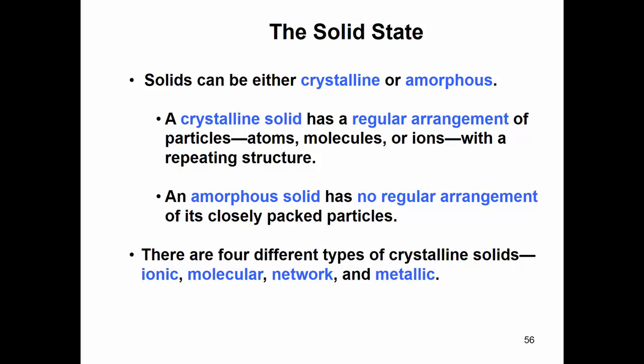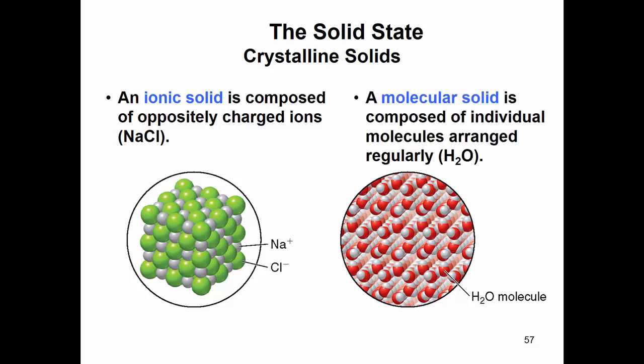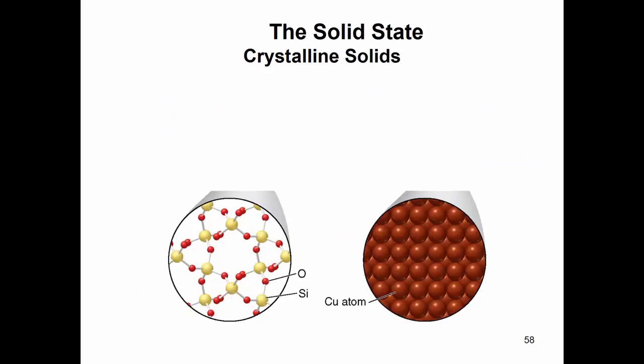All right, here's an ionic solid. You have ions packed together. So we saw this when we talked about ionic bonds, and it's ordered. Here's a molecular solid. These are composed of molecules, so these are our covalent compounds. And see it's ordered as well.